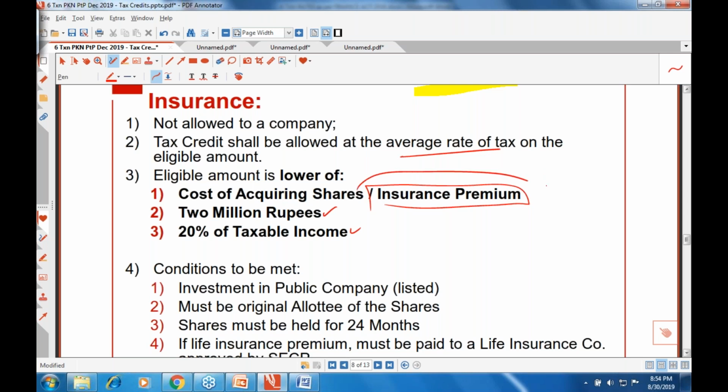For example, you have acquired shares worth 2.5 million rupees, and then there is this 2 million rupees, and then 20% of taxable income, which is, let's say, 2.4 million. Whichever is the lowest, this 2 million, is going to be used for the computation of the tax credit.